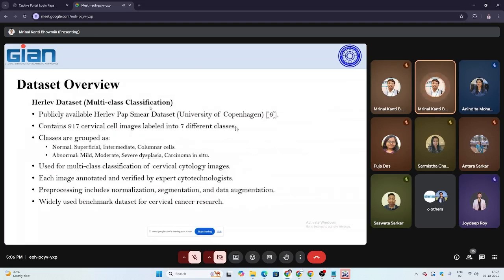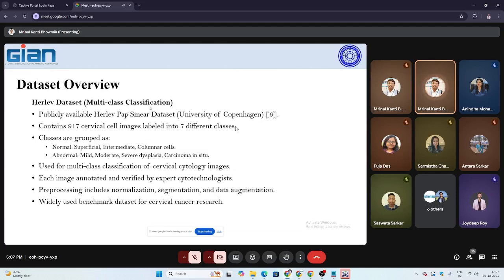Next, my dataset will be the Herlev dataset, which is also a publicly available dataset categorized into seven different classes. It is a multi-class dataset containing 917 cervical cell images. The classes include 3 normal types and 4 abnormal types.